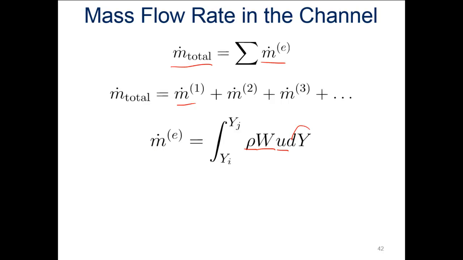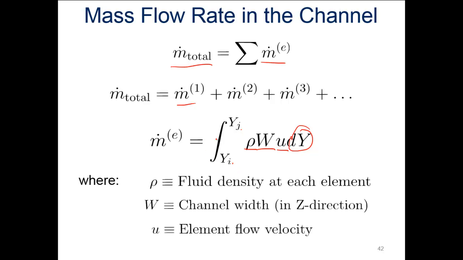We integrate that with respect to y from node i to node j to solve for the m dot for that given element. So rho is the density of the fluid, w is the channel width, and u is the element flow velocity. With those, we can calculate the total mass flow rate by summing up the mass flow rates from each element.